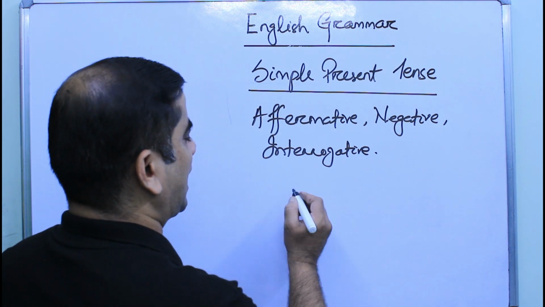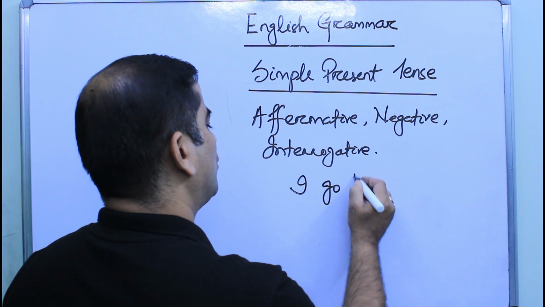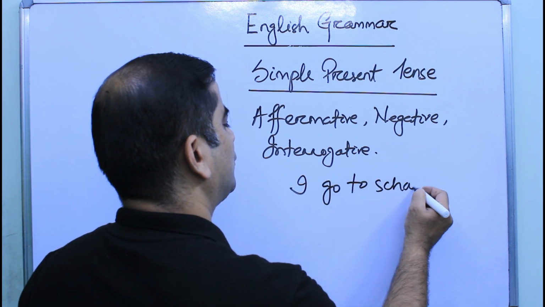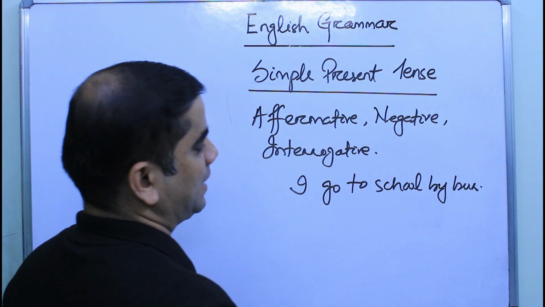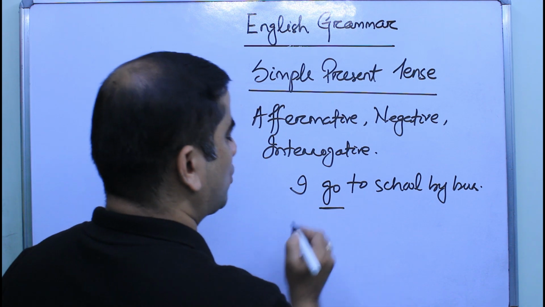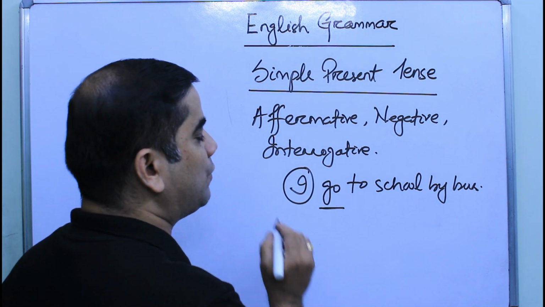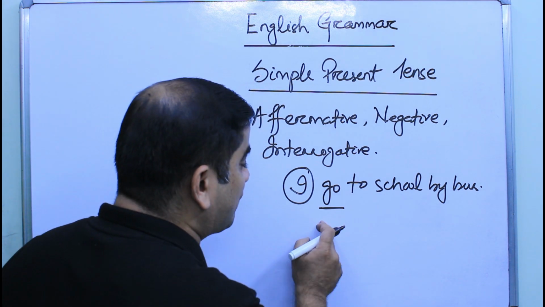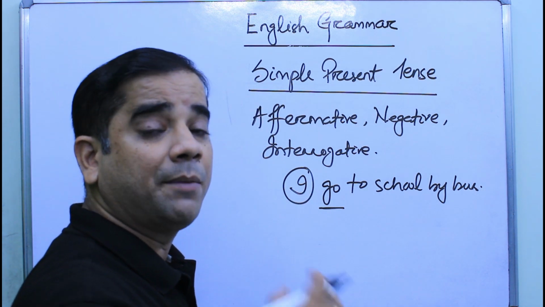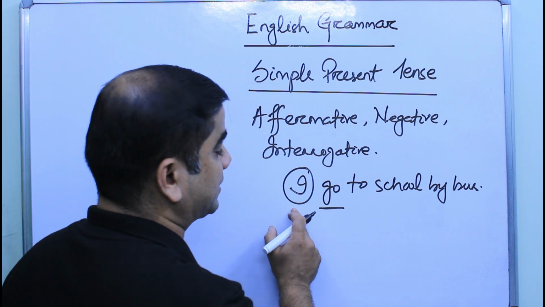Okay. Suppose I write, I go to school by bus. Fine. See, here the main verb is go, and the subject is I, which is first person singular. What we have already discussed is that the main verb is always associated with the helping verb do in case of first person singular.